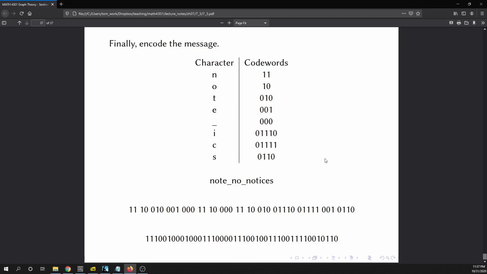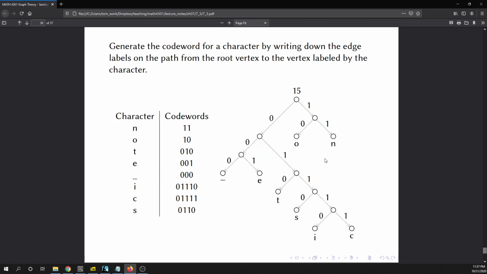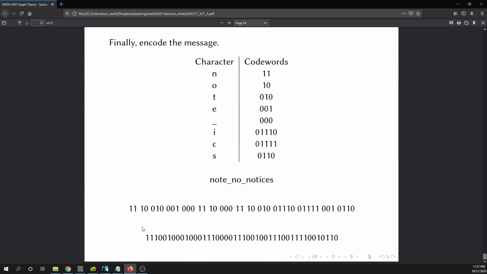One other thing I want to mention is that this tree also helps in decoding. If you want to decode a message, you would have this little tree and follow it as you read along in the code words. Say I'm reading 1 1 1, 3 ones and 3 zeros.